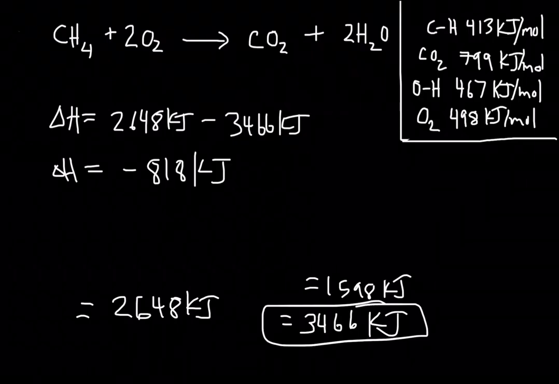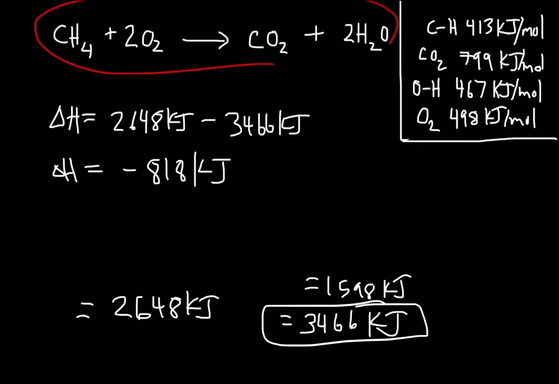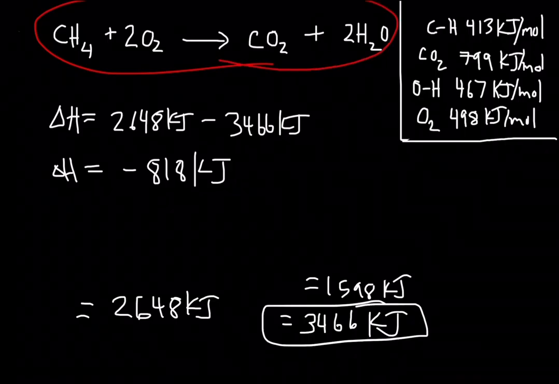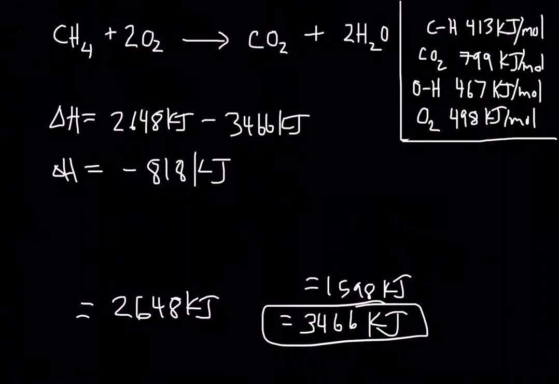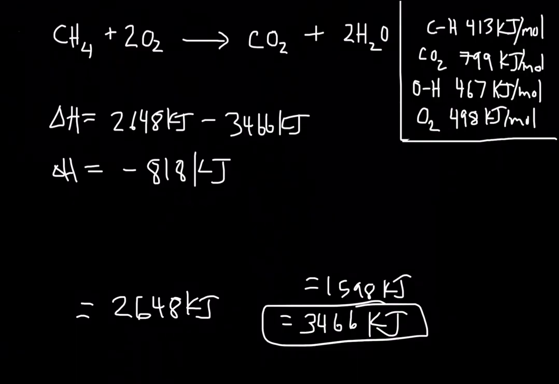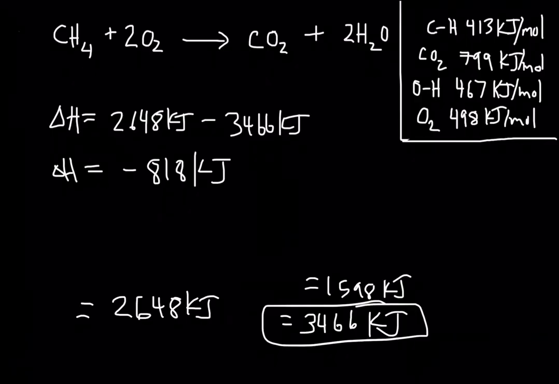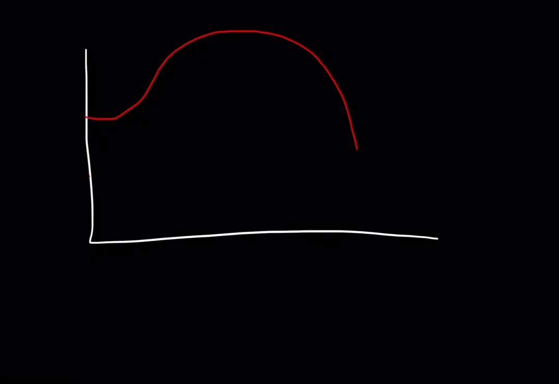We're losing heat. And this makes sense because this reaction that you see here is a combustion reaction. And a combustion reaction is always exothermic because that's what we need them for, because they give away heat. Now, an exothermic reaction on an energy diagram will look something like this. You start from here, and then it goes down all the way like that.